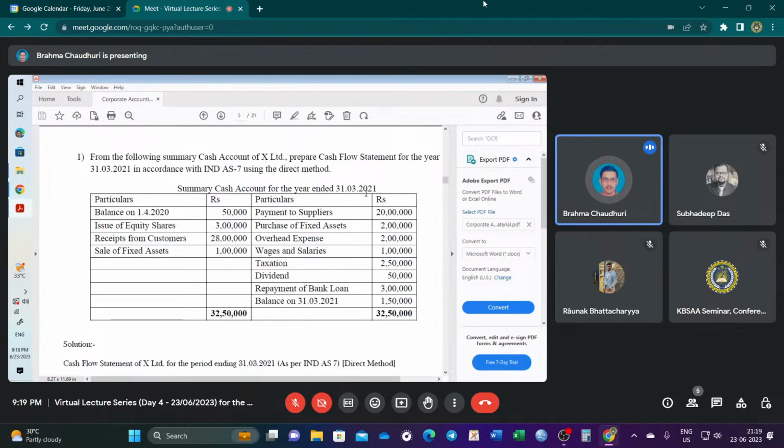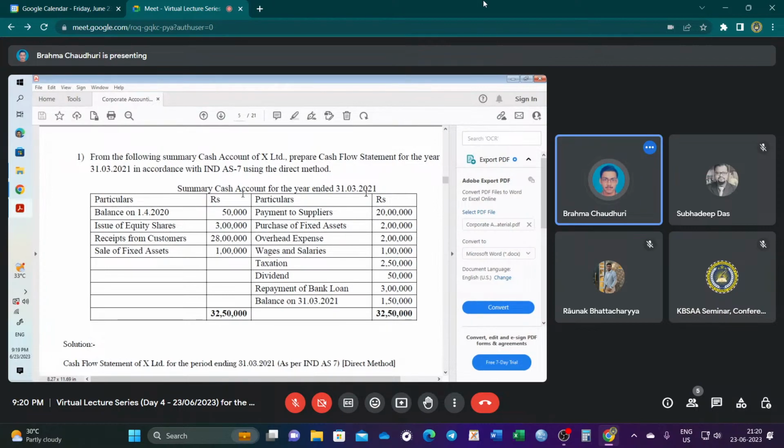Similarly, for cash flow from investing activities, we will first write the cash inflows from the investing activities. From that, we will deduct the cash outflows from investing activities, and we will get the net cash flow from investing activities. Similarly, for net cash flow from financing activities, we will first write various types of cash inflows from the financing activities, and we will deduct the cash outflows from financing activities, and we will get the net cash flows from financing activities.